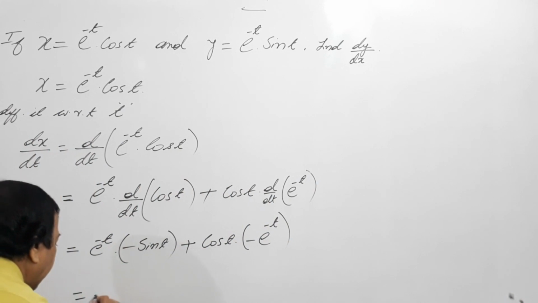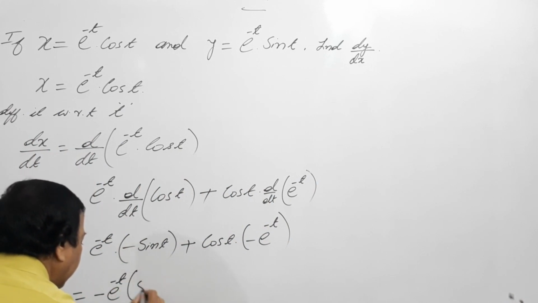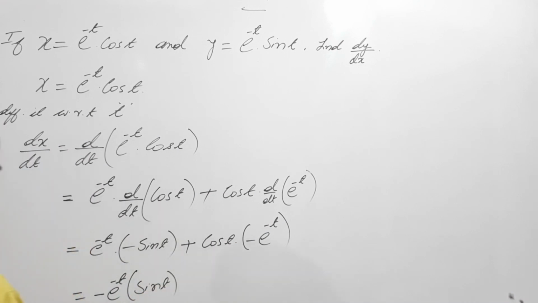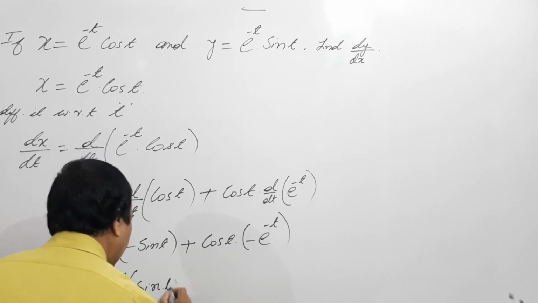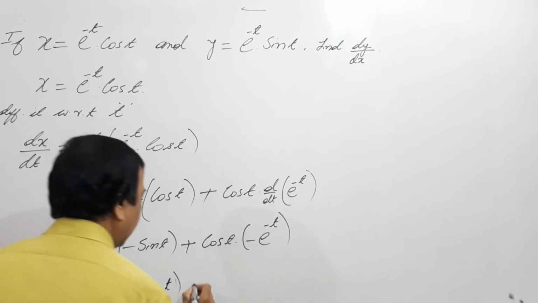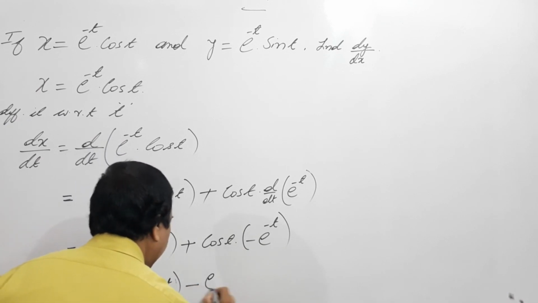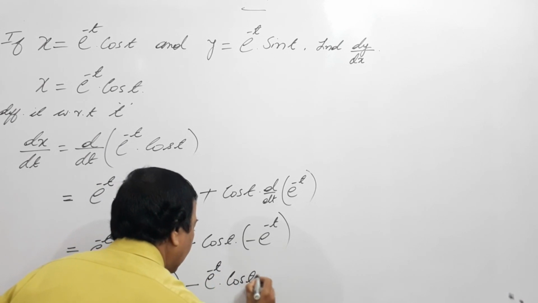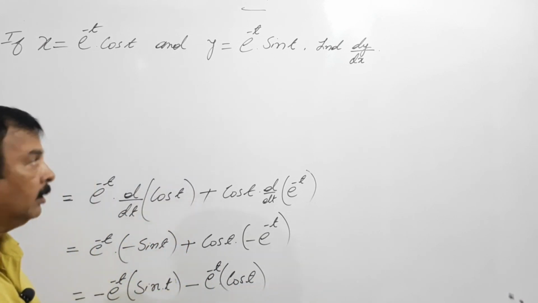So what happens here? This becomes minus e to the power of minus t into sin t, minus e to the power of minus t into cos t. I take minus e to the power of minus t as common.